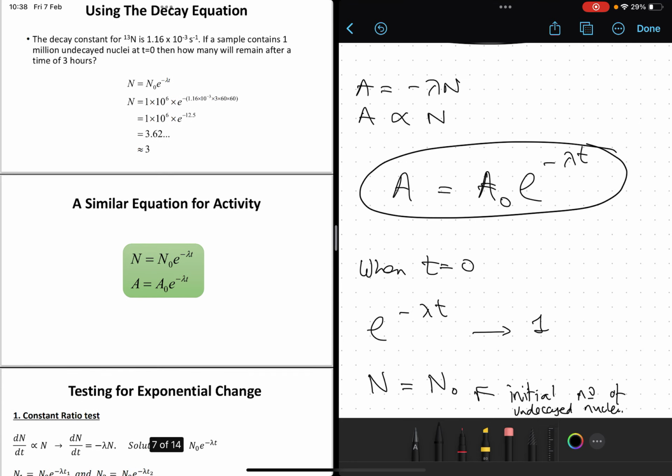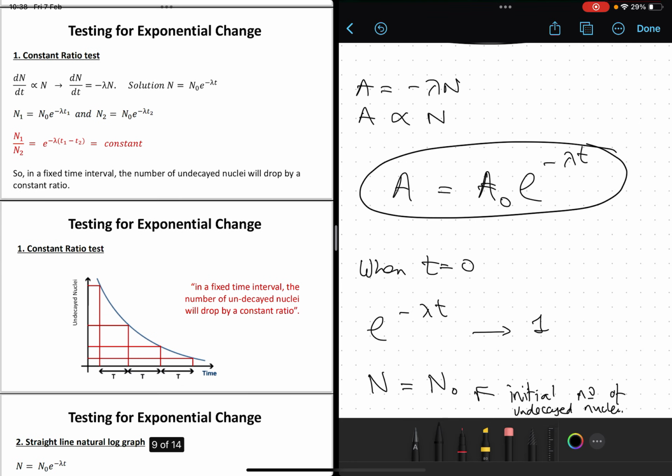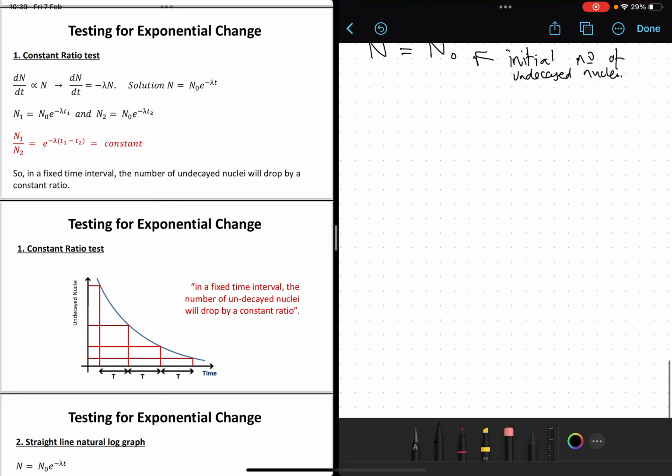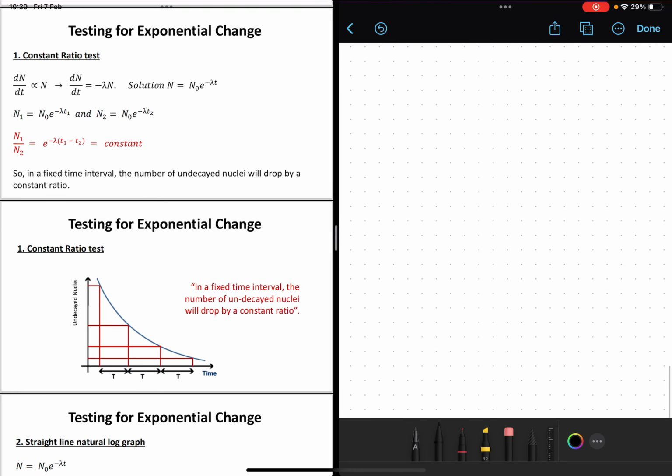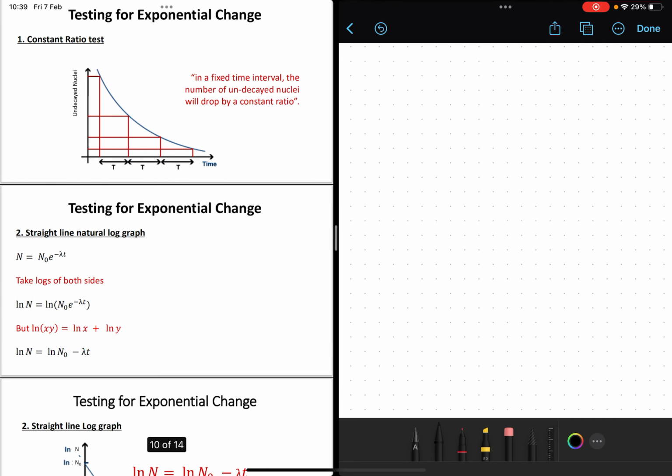Now, whenever we've met exponential change before, we've been able to test for it graphically and also by the constant ratio test. So you've got the justification again for the constant ratio test, which we've seen before. Let's remind ourselves of this.